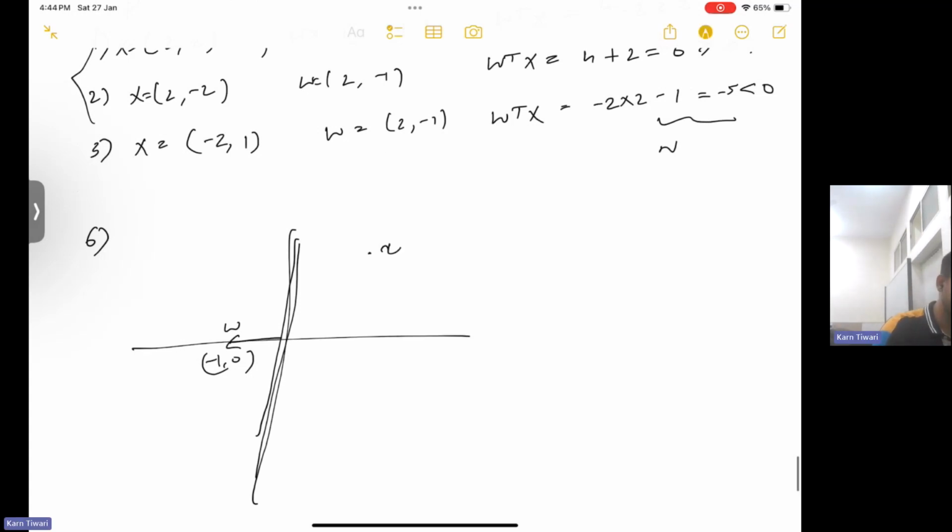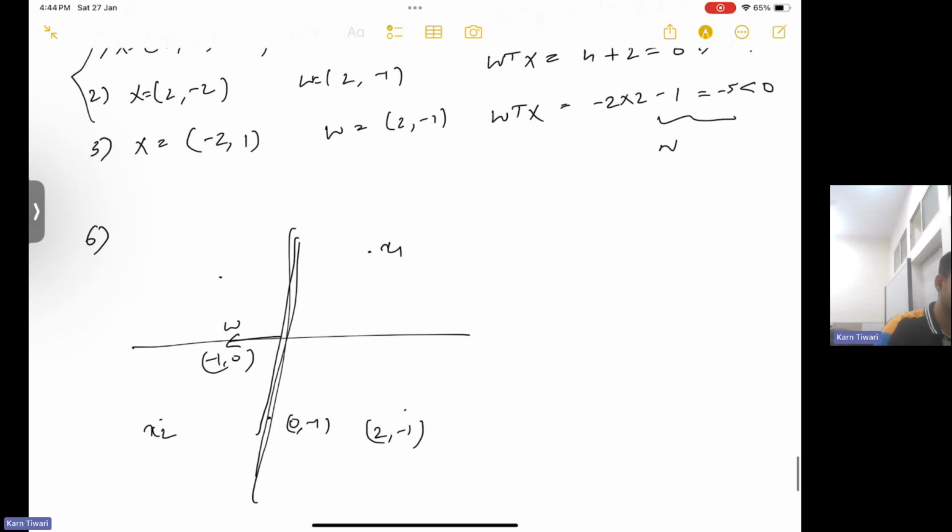They have given the point x1, 2 comma minus 1, some point 0 comma minus 1 as x2, and here 2 comma 1. It's given wrong in the question as 2 comma 1; it should be in the first quadrant. Okay, so let it be. We know that the weight is perpendicular to our decision boundary.